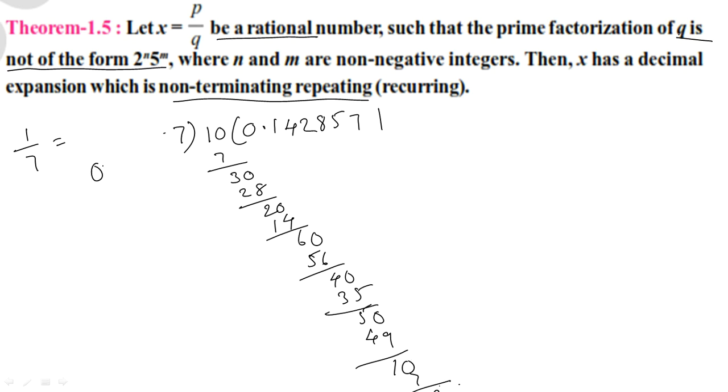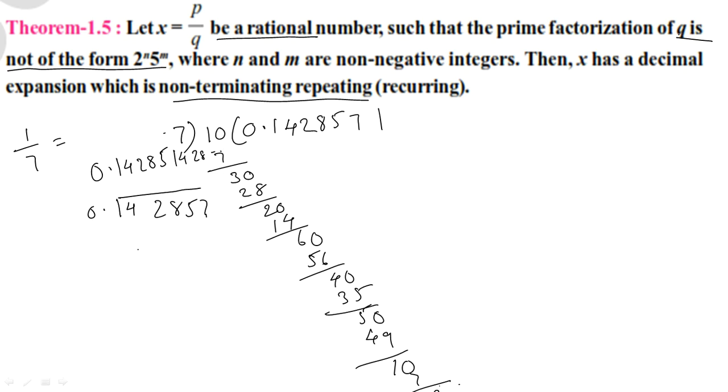So it is 0.1428571428 and so on, isn't it? So you can write it as 0.142857 bar. It is non-terminating and repeating.